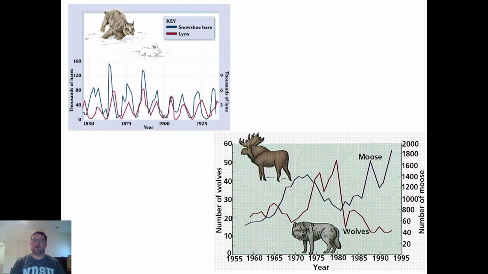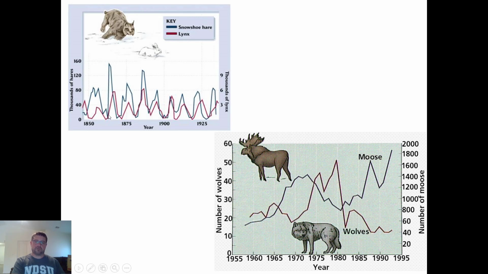Most of you have probably heard of things like predator-prey cycles. Probably the best example of a predator-prey cycle that's out there currently is the snowshoe hare and the lynx. And we've known about this cycle for a very, very long time. Now, there are deviations to this cycle. It's not always cyclic like you see here in a perfect pattern where if the snowshoe hare increases, that's followed by an increase in the lynx, and you get a decrease in the snowshoe hare.